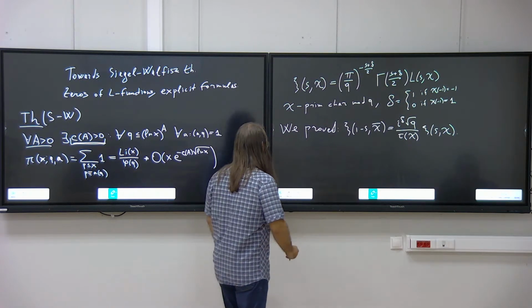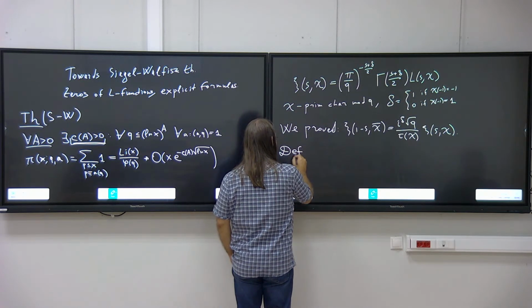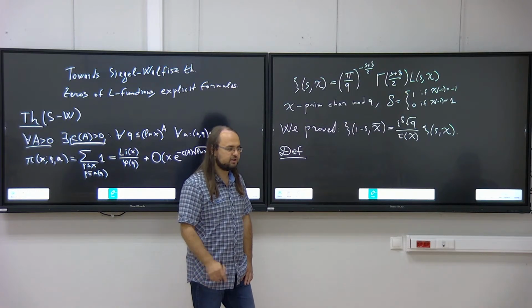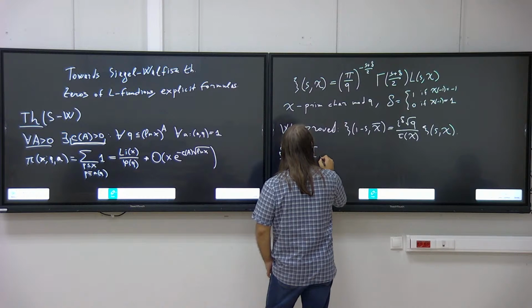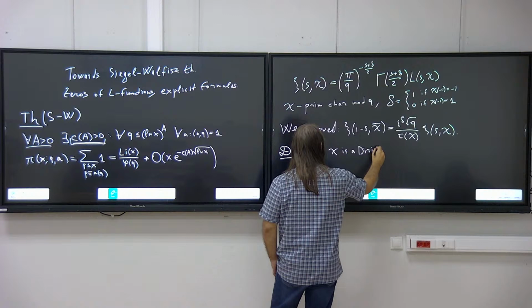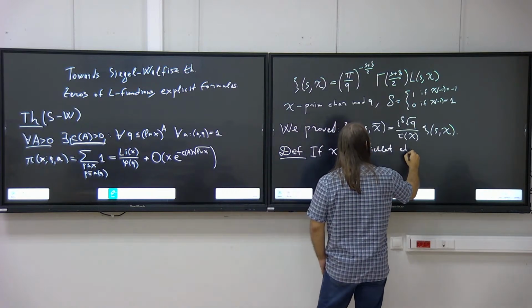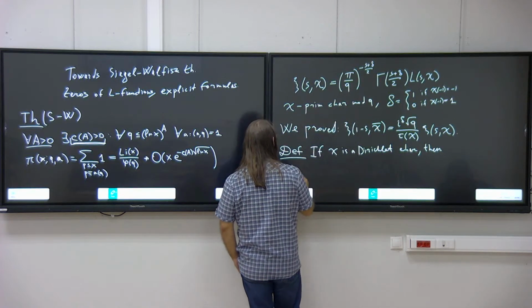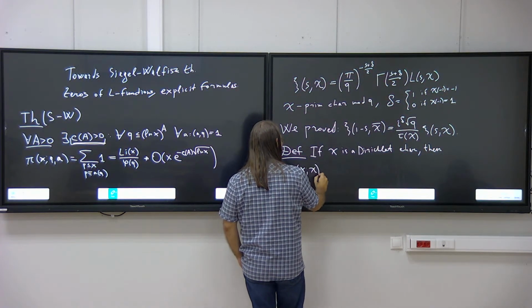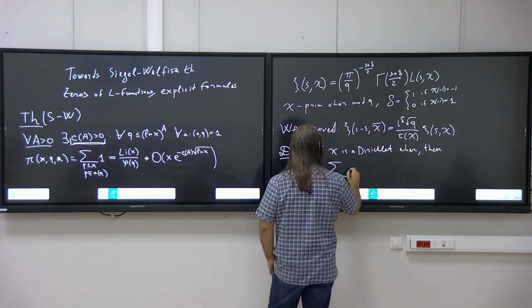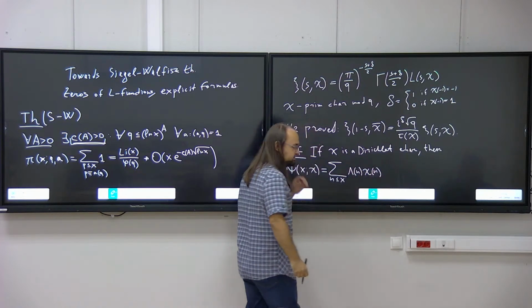Well, let us define the Chebyshev psi function twisted by a character. If chi is a Dirichlet character, then psi of x, chi will be the following sum over all n less than or equal to x of lambda of n, chi of n.